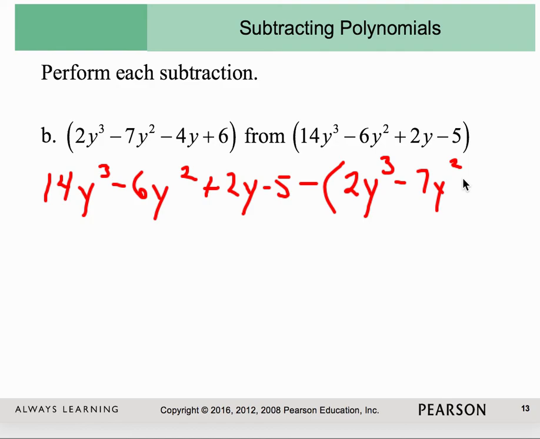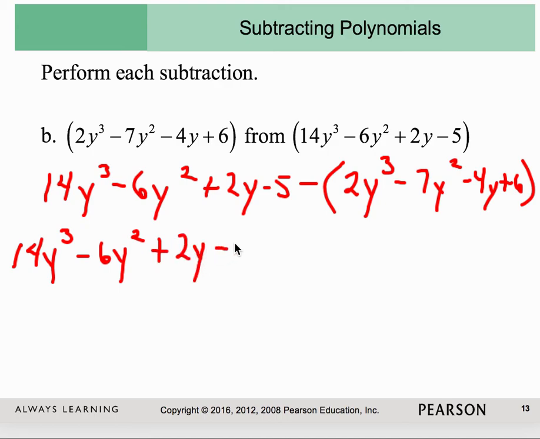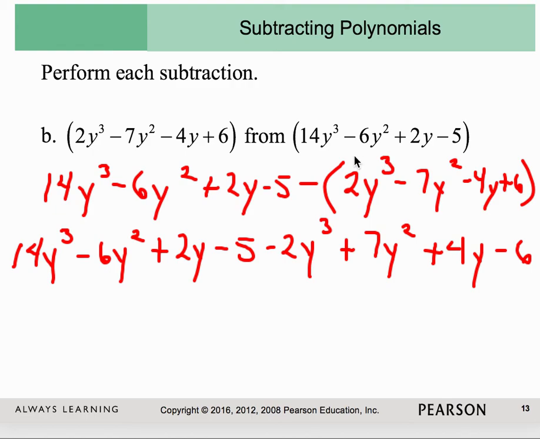So that means that negative has to be distributed in there. So really, my problem before I can combine is 14y cubed minus 6y squared plus 2y minus 5 minus 2y cubed plus 7y squared plus 4y minus 6. Had to distribute that negative.